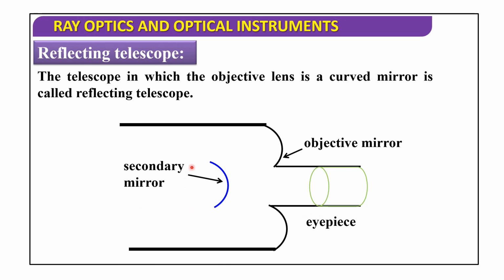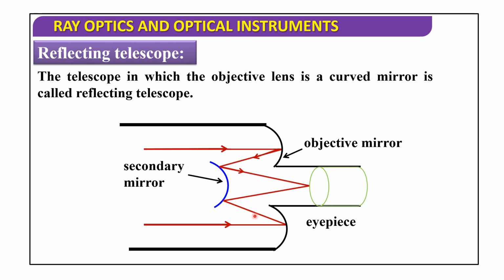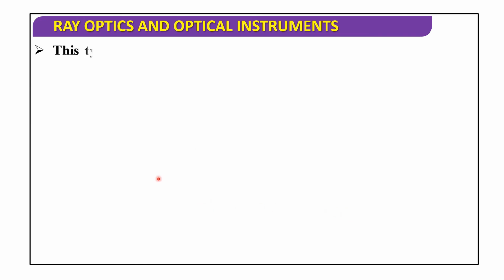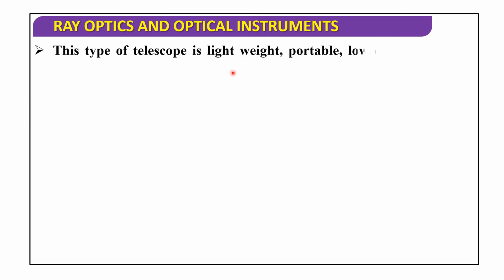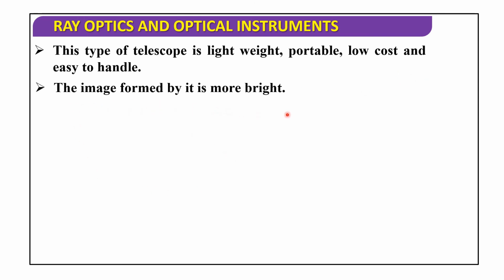This is the objective mirror and this is the eyepiece. This is the secondary mirror. Here the rays are forming and we are observing this image. This type of telescope is lightweight, portable, low cost and easy to handle. So the image formed by it is brighter.